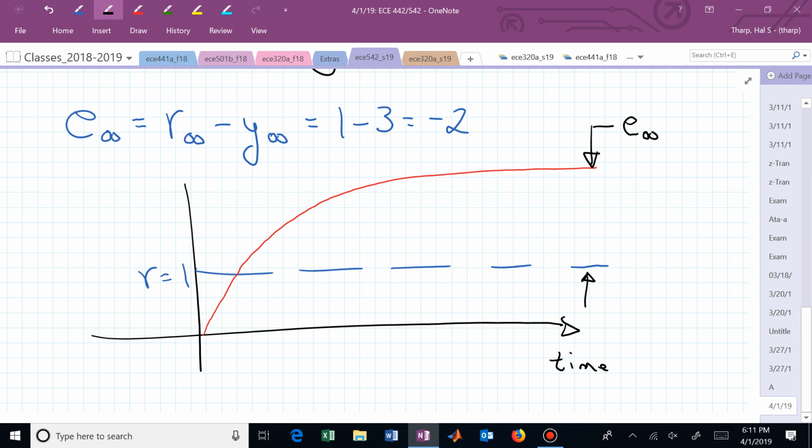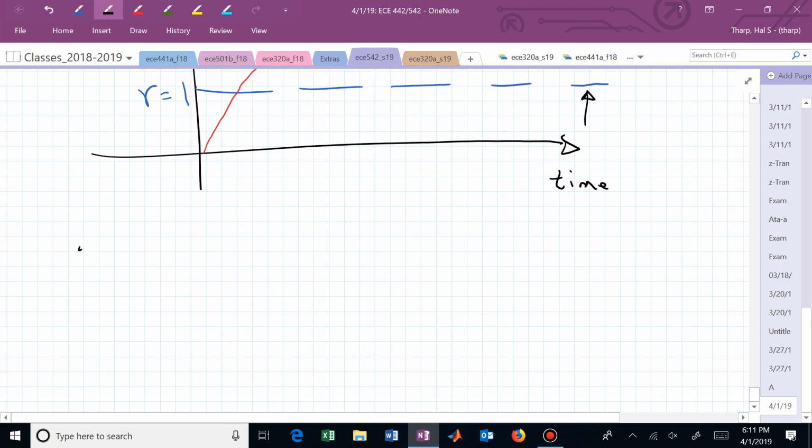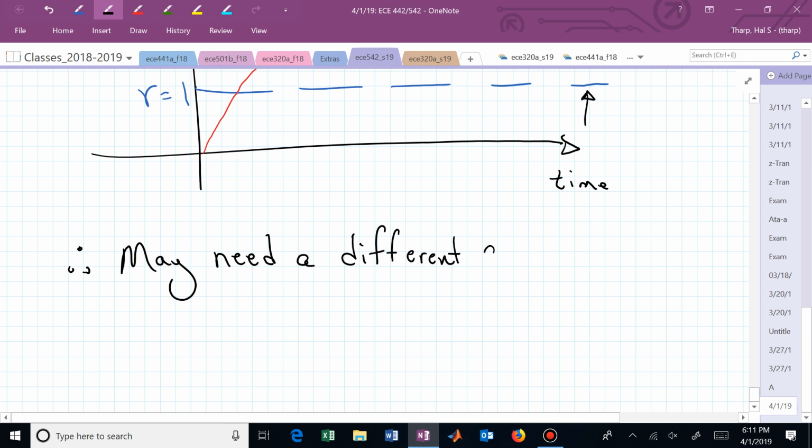Is that okay? You wanted to go to Phoenix, but you ended up 3 times away, huh? Maybe that's not what you wanted to do. So maybe we may need a different controller structure than a proportional controller. Yeah, but we were stable.